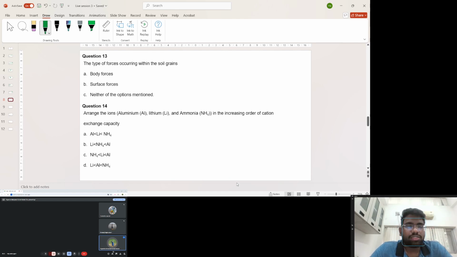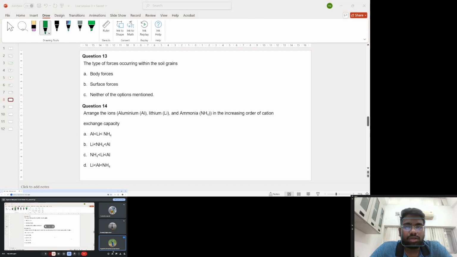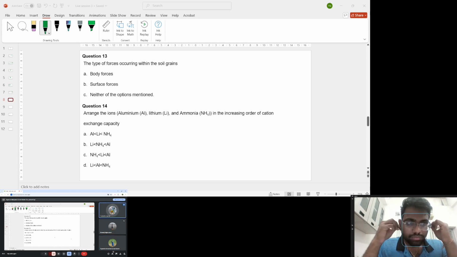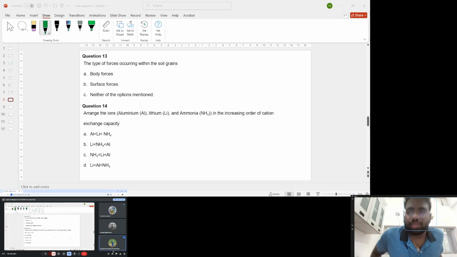What type of forces exist among the soil grains? Surface forces. Body forces actually. So is it body forces or is it surface forces? Or both? Or none?